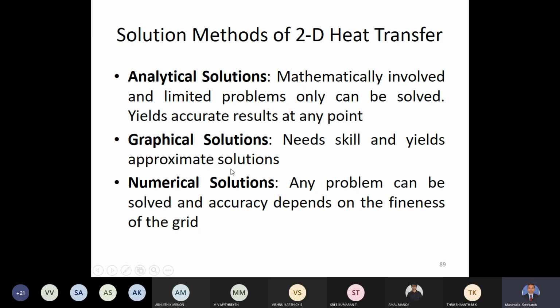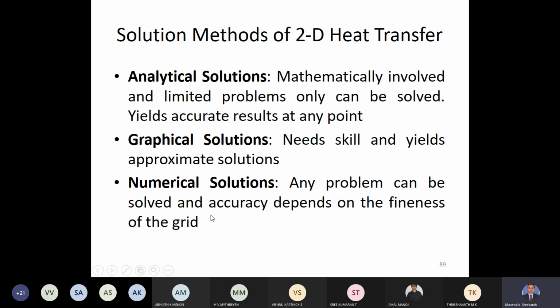We have seen the conduction shape factor, and we also saw that these graphical solutions are possible when the boundary conditions are either a given temperature or given heat flux, or an insulation boundary condition. These are the conditions. The last one is what we are going to take up, the numerical solutions.